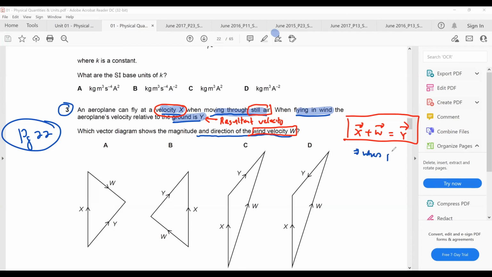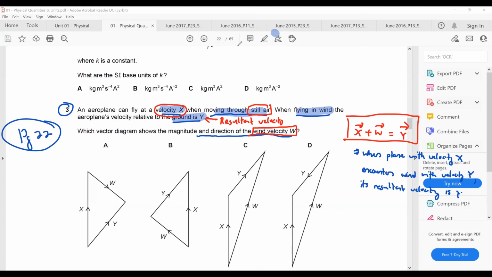When plane with velocity x encounters wind with velocity w, its resultant velocity is y.